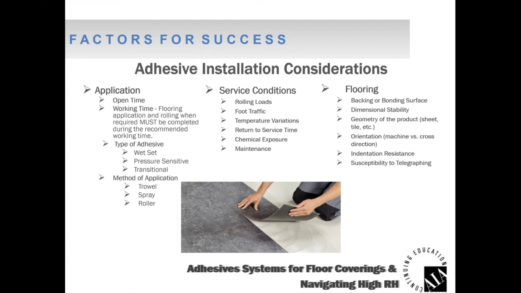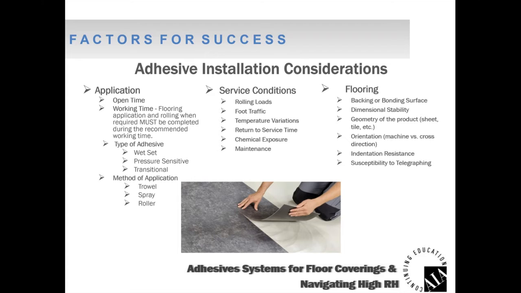When selecting an adhesive, I mentioned before the backings, the underside of the flooring, that bonding area, the backing, as well as the bonding surface for that matter, using the right adhesive for what you have at hand. You got to look at the dimensional stability of the floor covering and what type of adhesive is needed for the success of that floor covering.